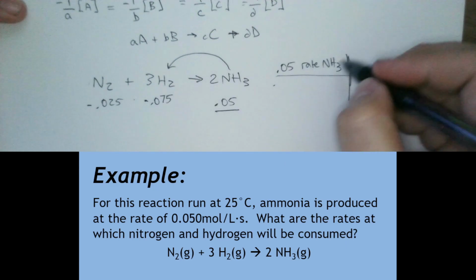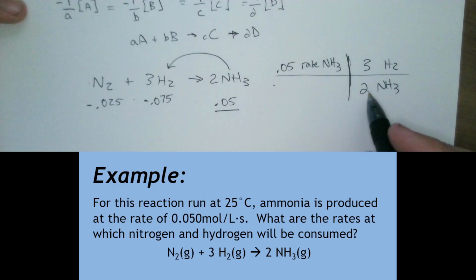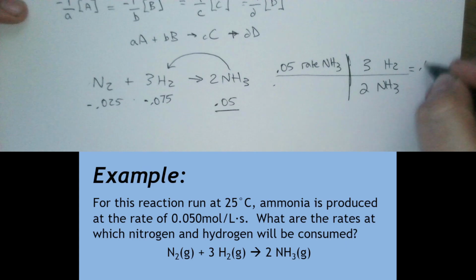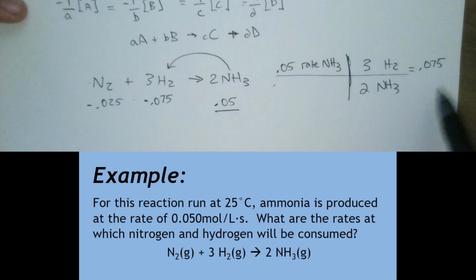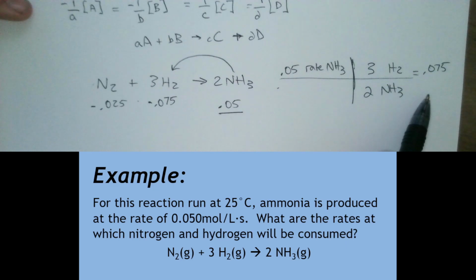I use 3 H2s, so I'd put that there. 2 NH3s, so I put that there. I put in the mole-to-mole ratio, multiply, and I get the same answer. But I do need to remember to make it negative because I'm consuming this. That won't be taken into consideration if you use that method. Any way you think about it, I just recommend thinking about it like this: how many of them am I using per reaction? How would that affect my rate?